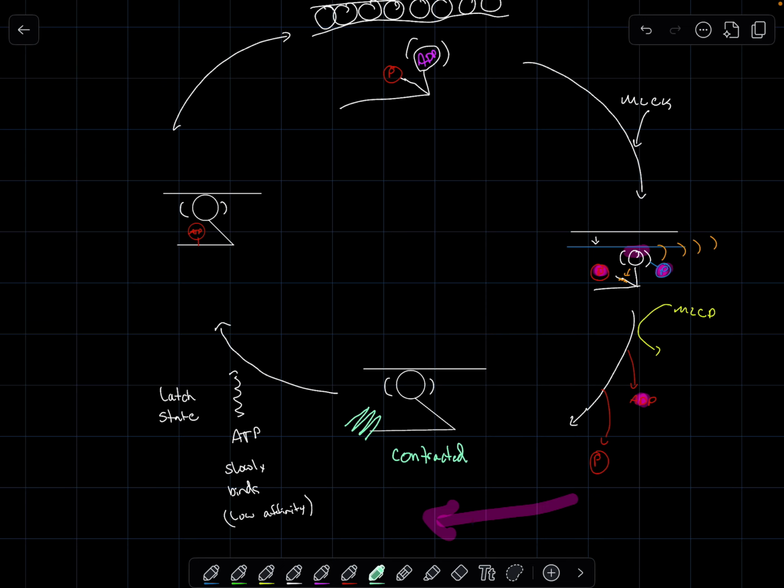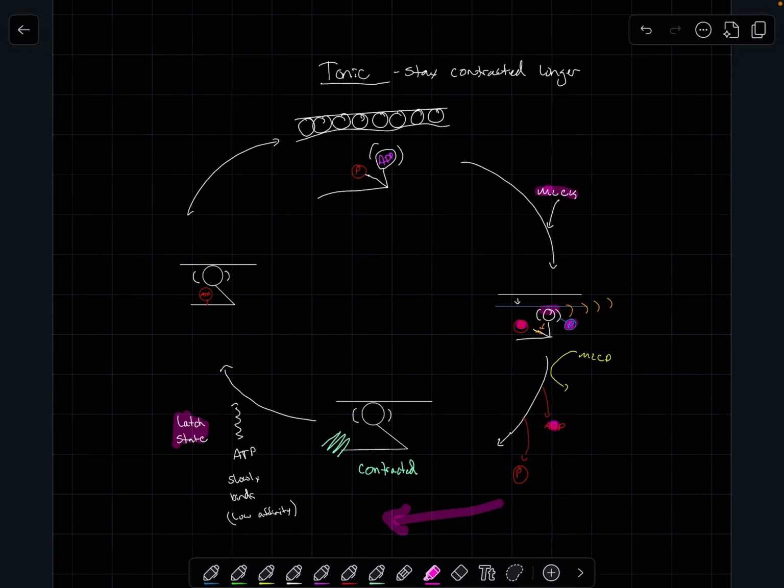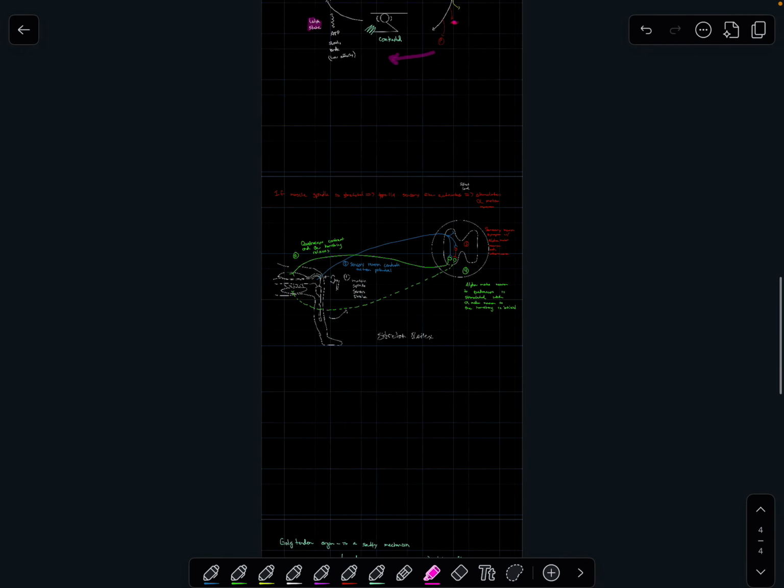Once it's able to do this, we're able to exit what's called the latch state. The latch state is when it's in that contracted state and no phosphate is added. So once we're able to get out of the latch state, ADP will bind, resetting it, and then eventually MLCK will come in, add a phosphate, and then we'll just start that whole process all over again.